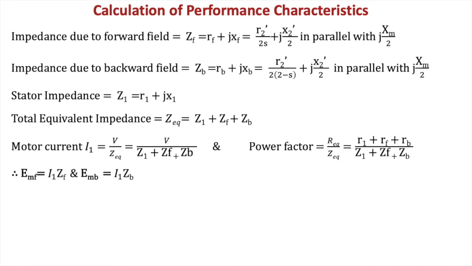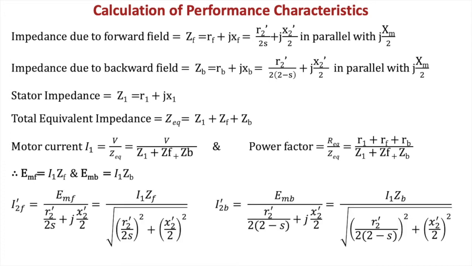Therefore, the forward EMF will be given as I1 into ZF, and the backward EMF will be given as I1 into ZB, and the rotor forward current will be equal to the forward EMF divided by the forward impedance, and the backward current will be given by the backward induced EMF divided by the total backward impedance seen by the rotor, and therefore you will get the equation.